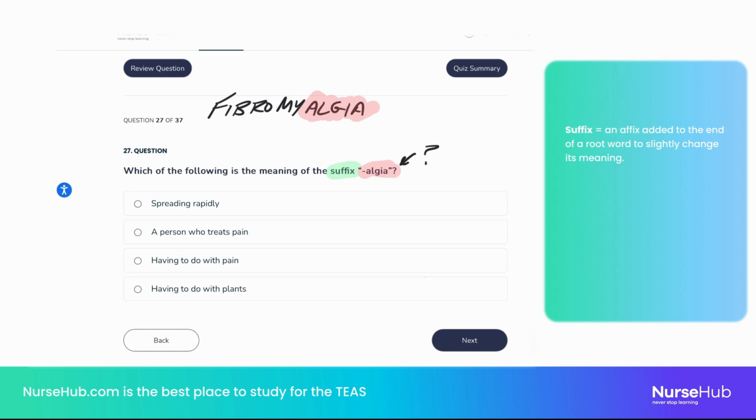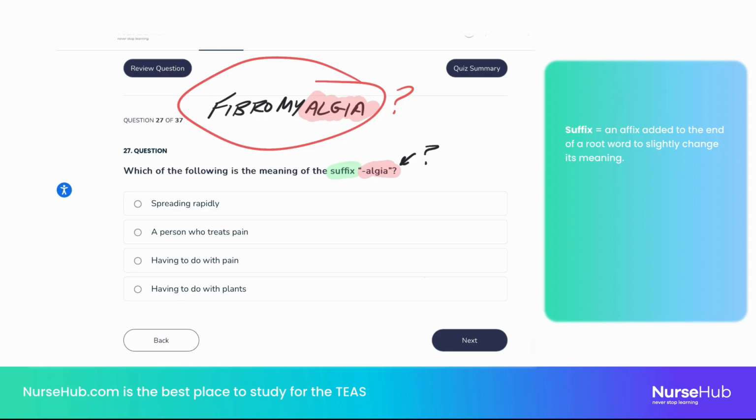So all I have to ask myself is, what does fibromyalgia mean? And then taking a look to see which one of our four options, spreading rapidly, a person who treats pain, having to do with pain, or having to do with plants, which one fits? Okay.